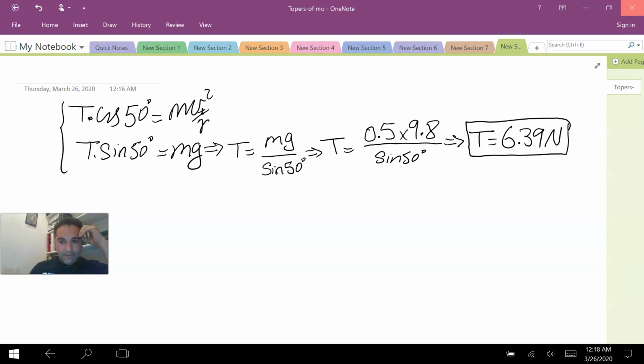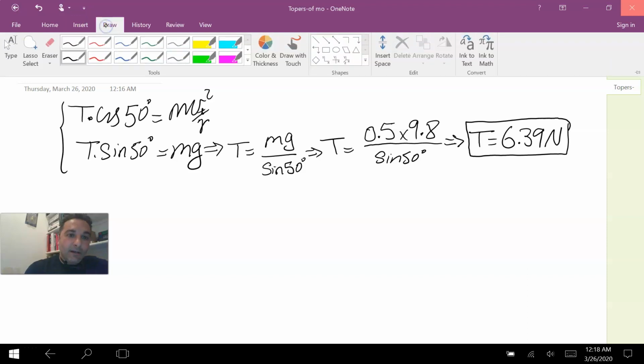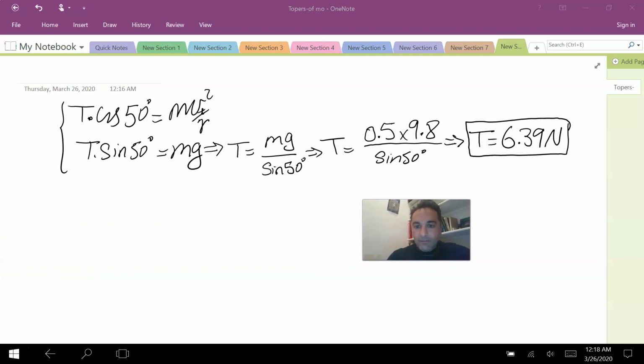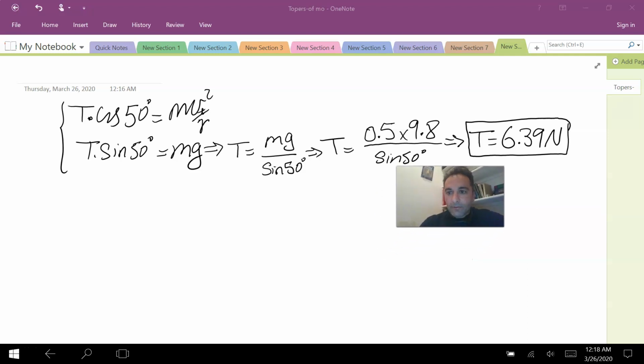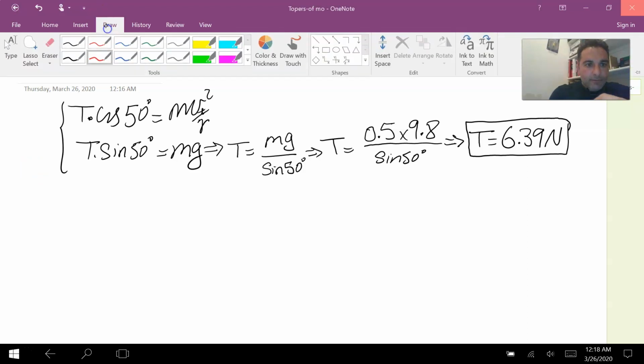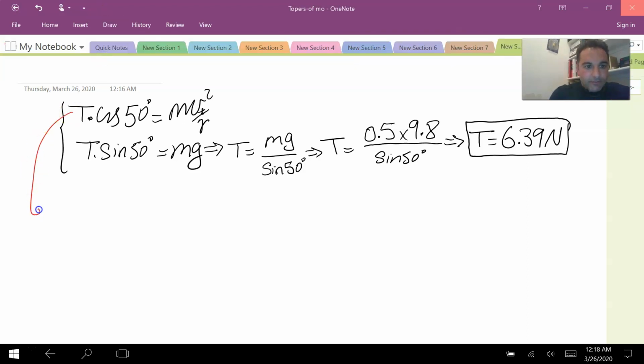So far makes sense? They want me to find, what is that? Velocity, find tangent velocity. Okay, let me move this here. So using the first equation, this one, I can find velocity because I have tension now, correct?